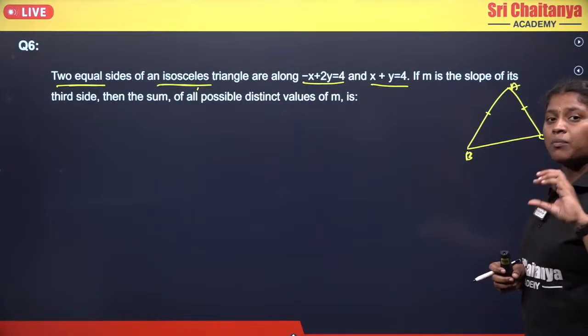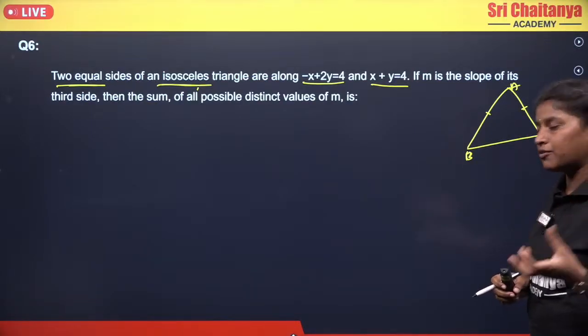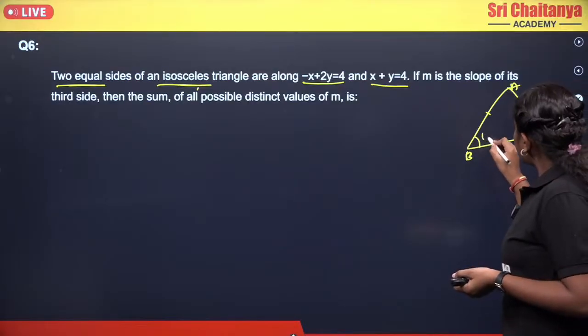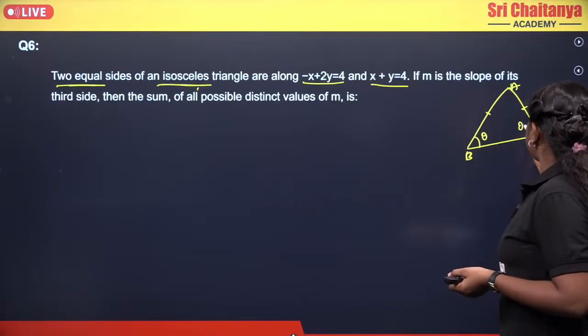The angles opposite to the equal sides are equal. So here you will get theta and here is theta.